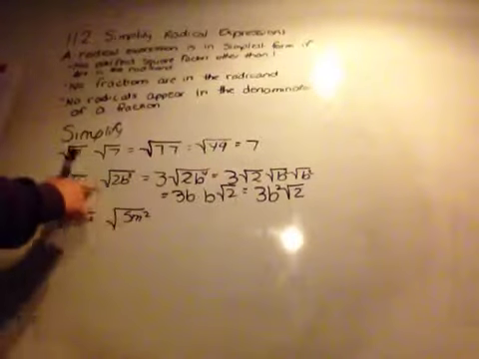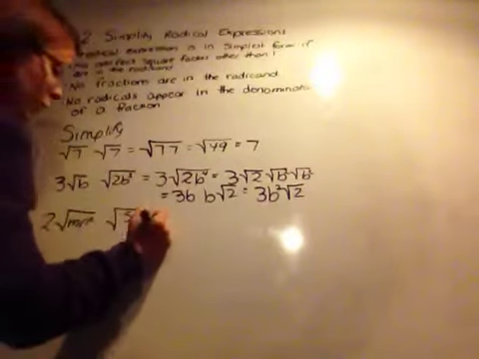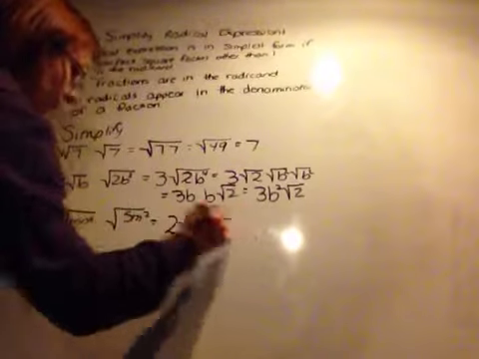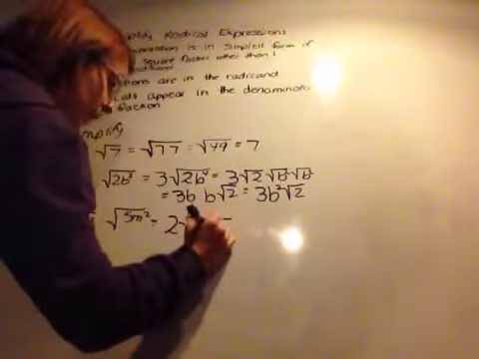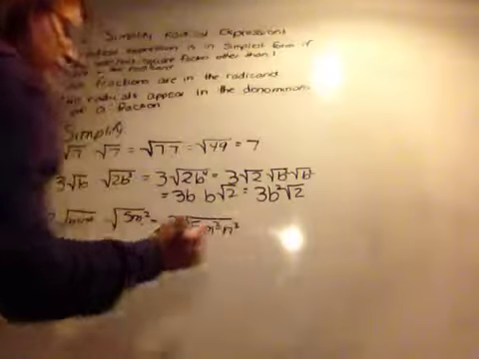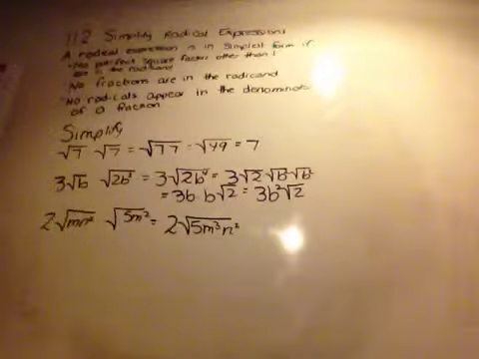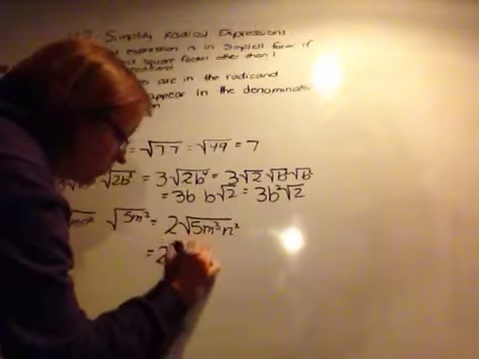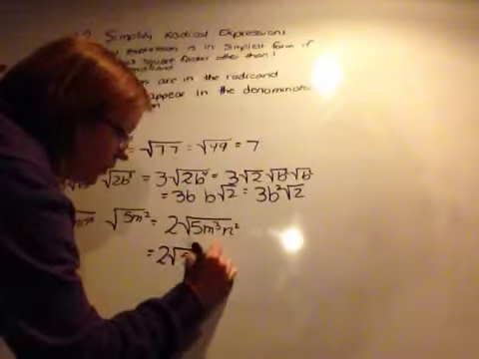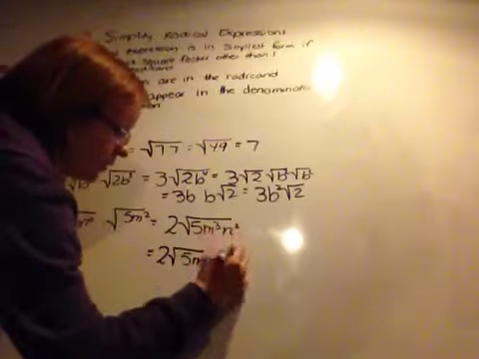And then same thing here as in the last example. I'm just going to multiply what's underneath the radicals. So I have 5, and then I have m squared times m, it's m cubed, n squared. And then I'm going to simplify this. Just going to rewrite m cubed as m squared times m.